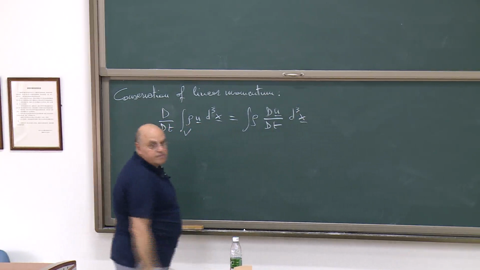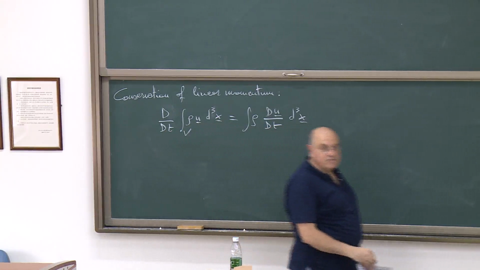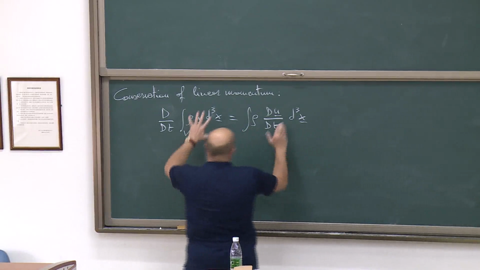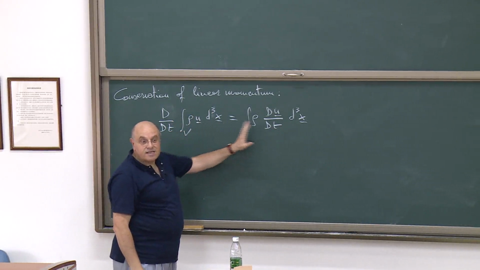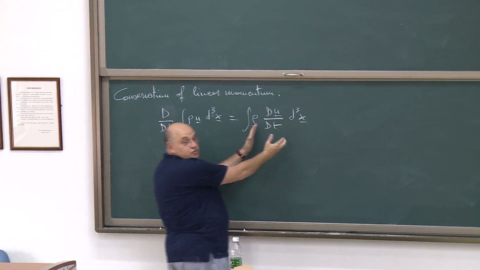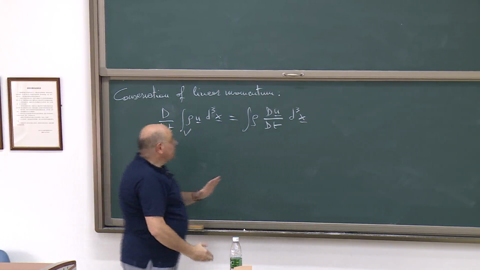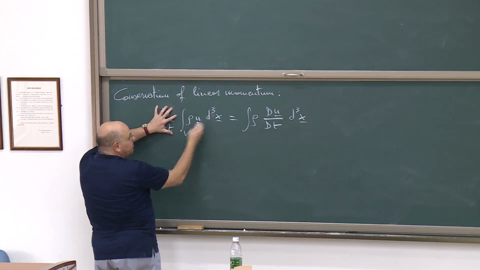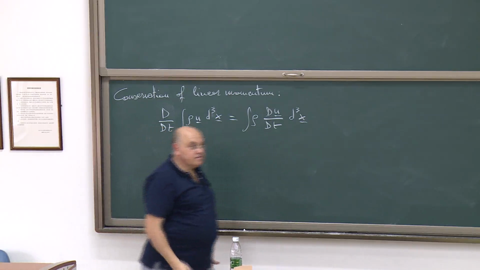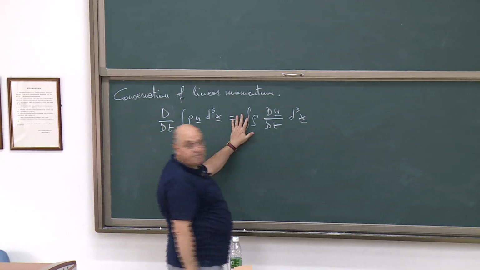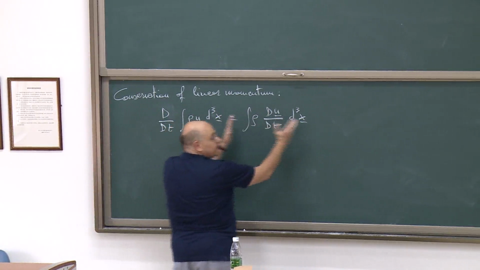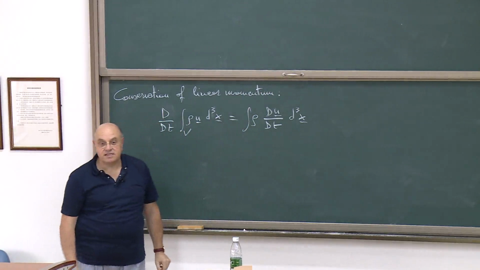So this is a momentum. This is not a balance equation. This is just a way to transform this into that. We are just saying that the variation in time of the momentum has to be balanced by some forces. So this is not the balance of momentum. This is just a mathematical rewriting of this into this form by using a piece of math.